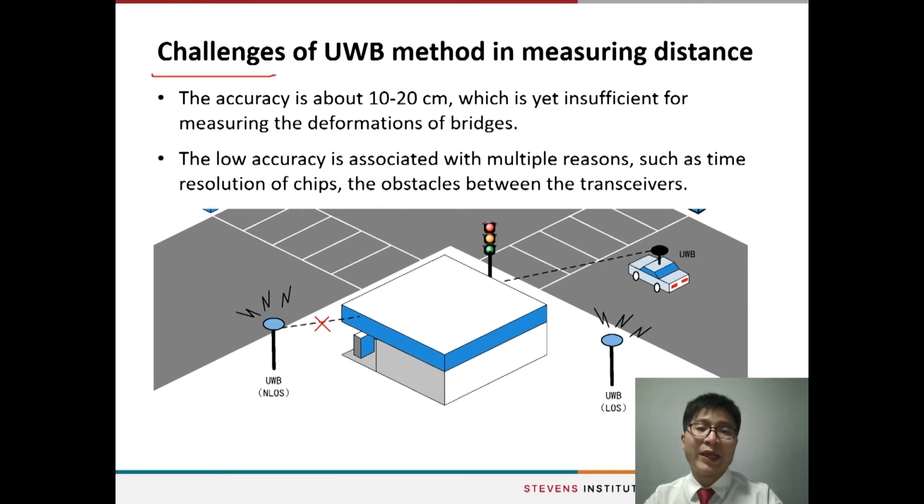And the accuracy of distance measurement is about 10 centimeters. That is not suitable for many civil engineering applications. The low accuracy is caused by many reasons, such as UWB hardware, obstruction between the two sensors, and so on.